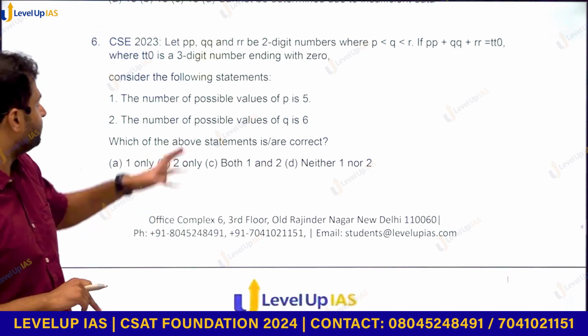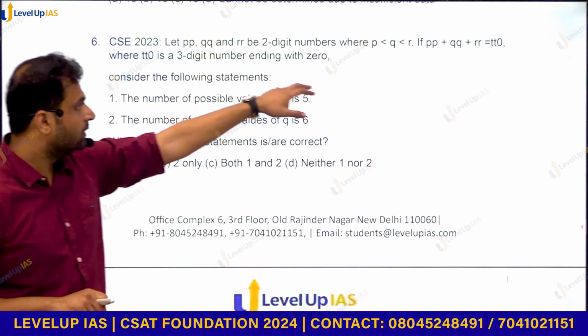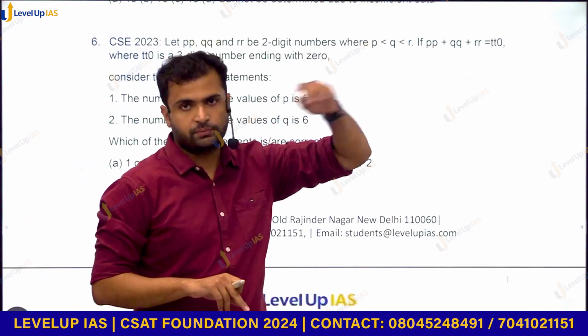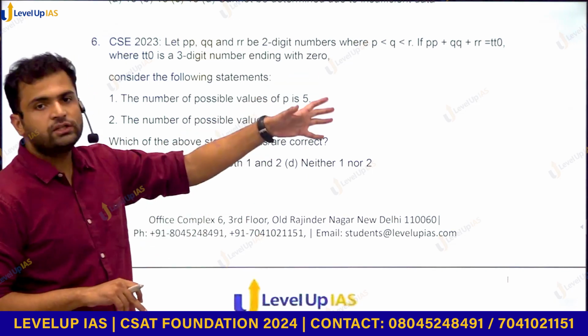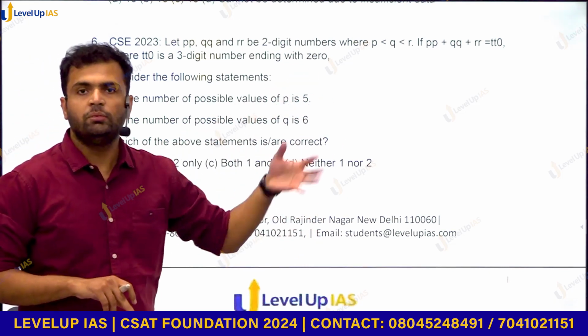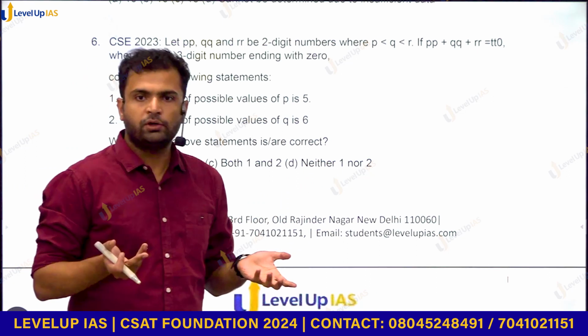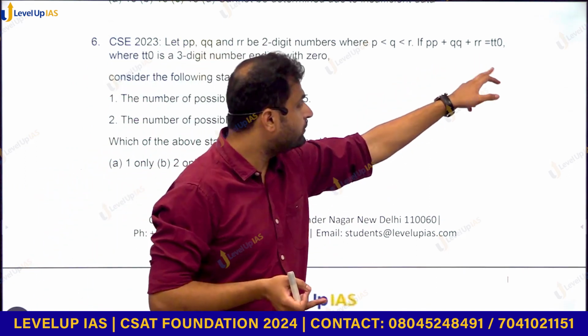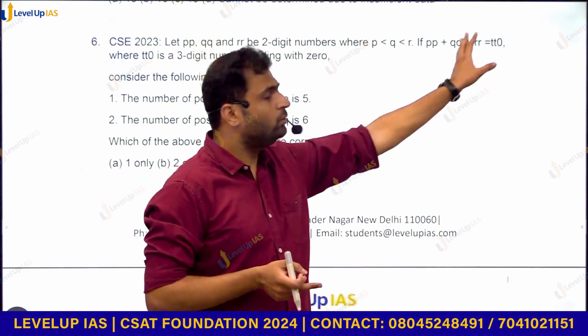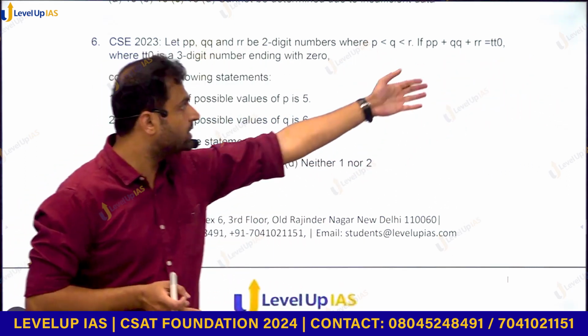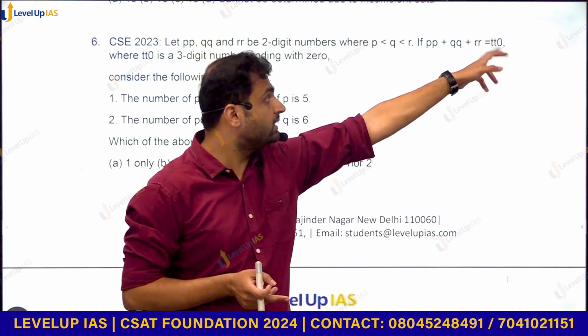Now let us first see, because this is an addition of three 2-digit numbers, can we have T equal to 3? Can the addition of three 2-digit numbers be more than 300? Never possible, because even if all of them are 99, then also you can get a maximum of 297, which is less than 300 or 330.